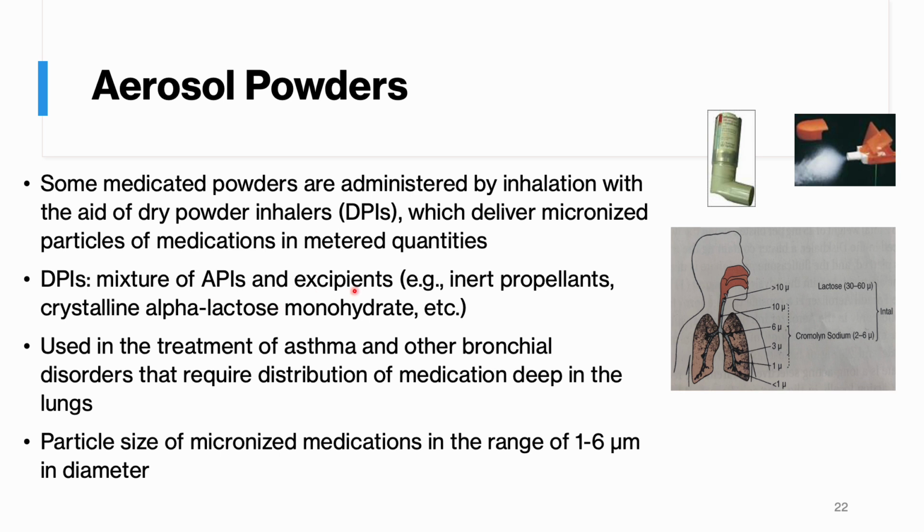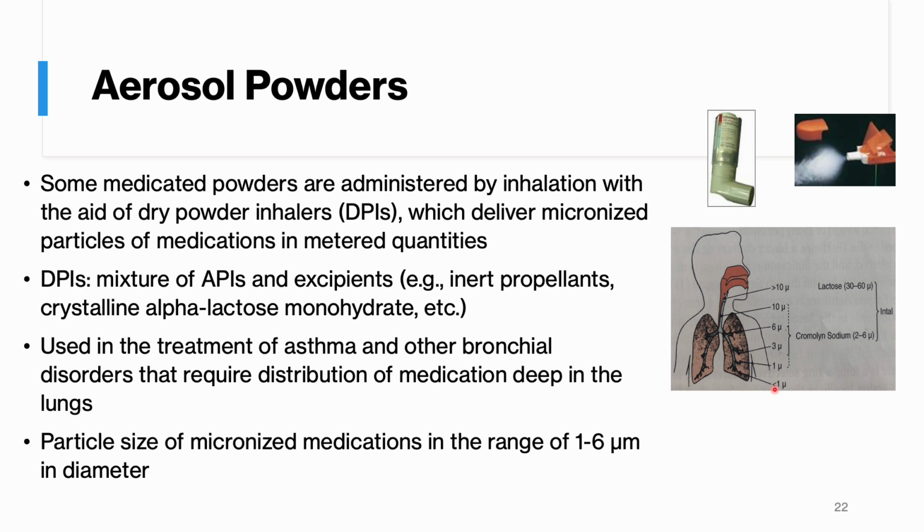The excipients can be inert propellants and some other excipients like crystalline alpha-lactose monohydrate, etc. This is an example of DPIs. Mostly the DPIs containing aerosol powders are used for the treatment of asthma and other bronchial disorders that require distribution of medication deep in the lungs.